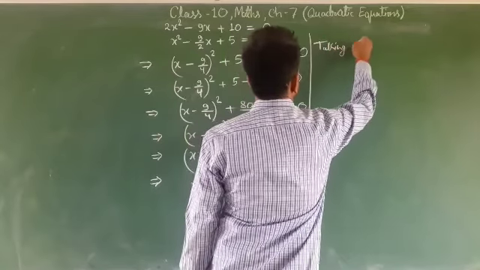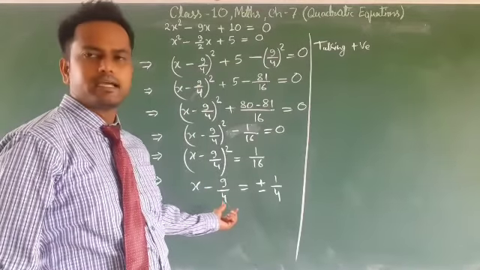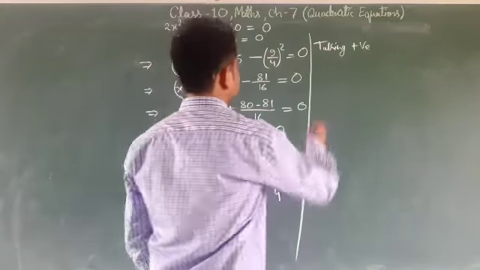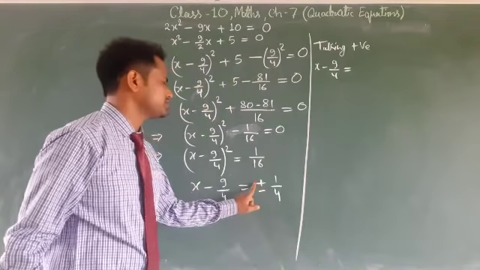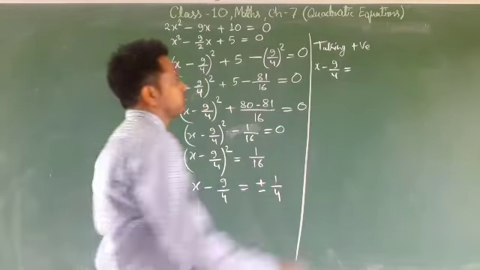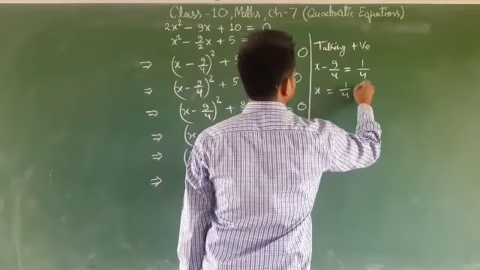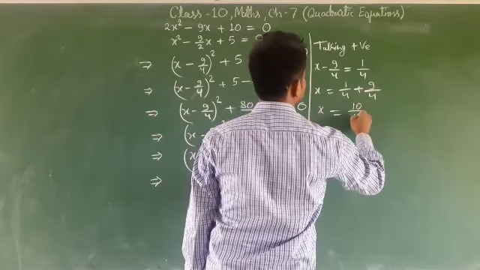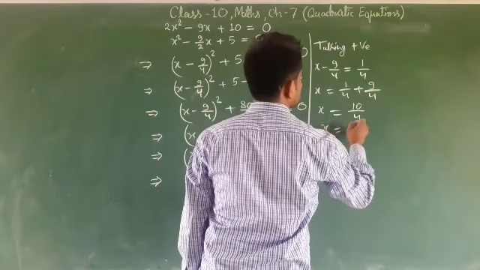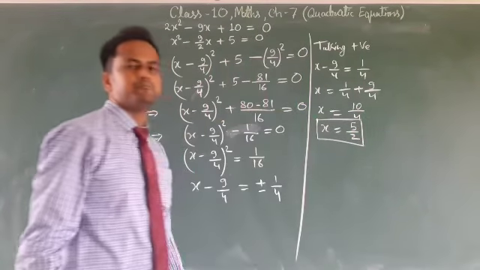Taking the positive sign, x minus 9 by 4 is equal to plus 1 by 4. Transpose it. 1 by 4 plus 9 by 4, then x is equal to 10 by 4, that means 5 by 2. The value of x will be 5 by 2.